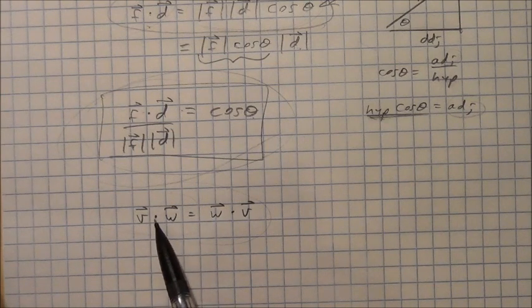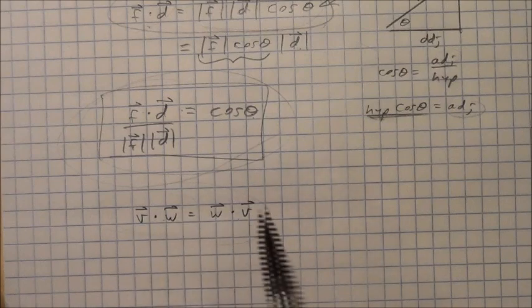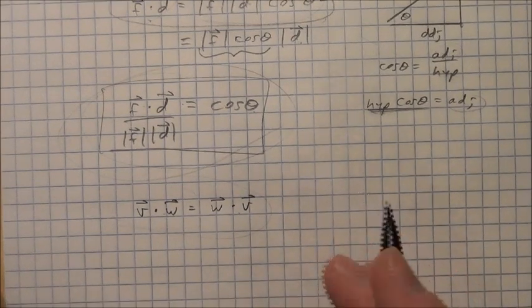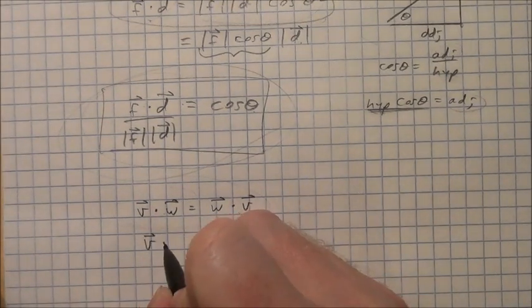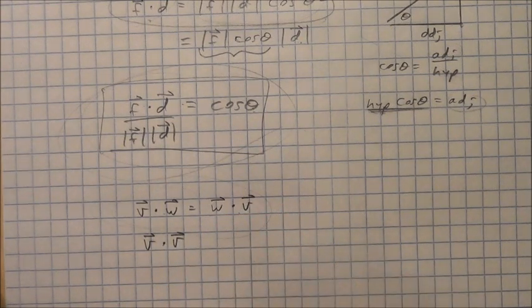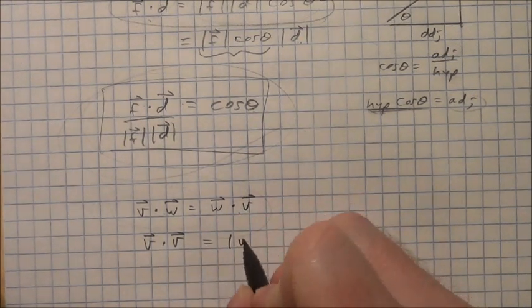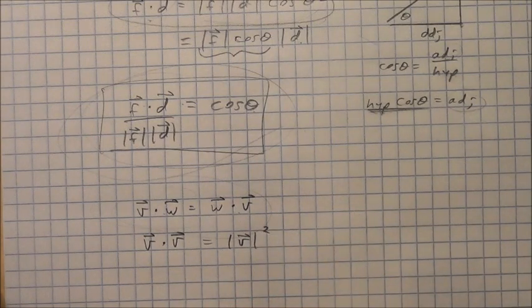In this case, the dot product is commutative, meaning that it doesn't matter which order you take them, you still get the same dot product, the same result. If you take the dot product of a vector with itself, you're going to get the magnitude of it squared.